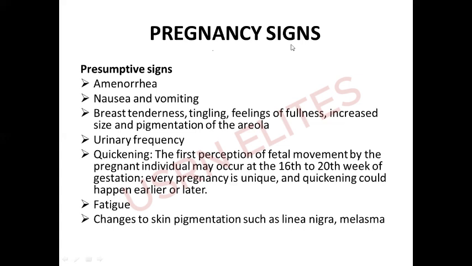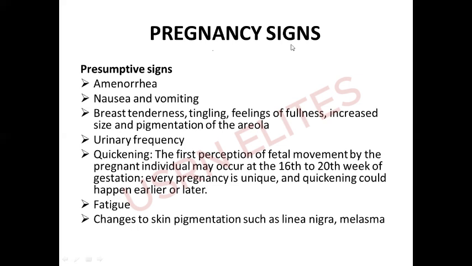The presumptive signs deal with things that have other factors. The probable signs and the presumptive signs are things that can have other conditions also contributing to them. So it is not only in pregnancy that you can have the woman exhibiting the signs. For instance, if it is about amenorrhea, you can have other factors that can lead to a woman experiencing amenorrhea.